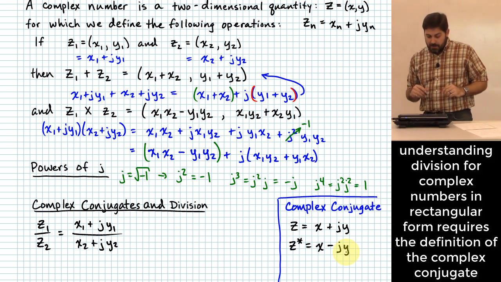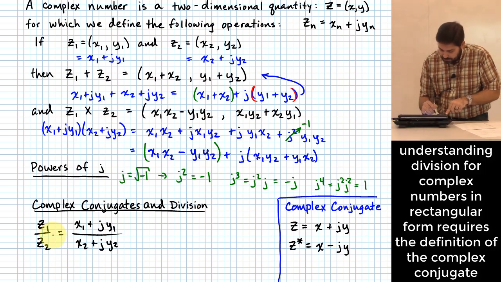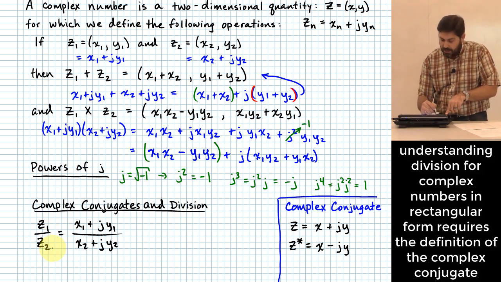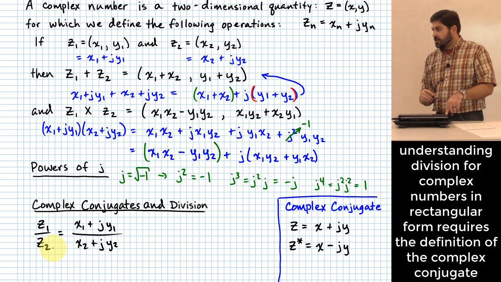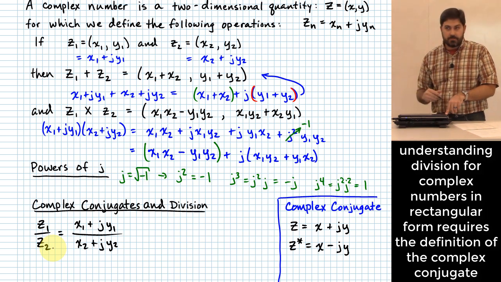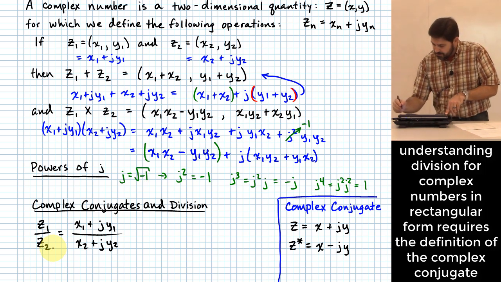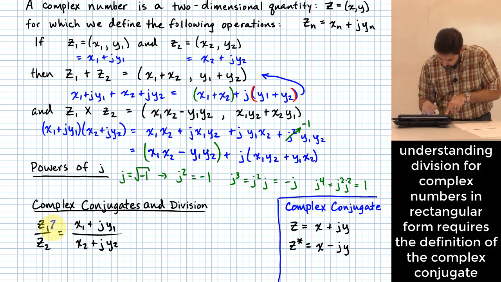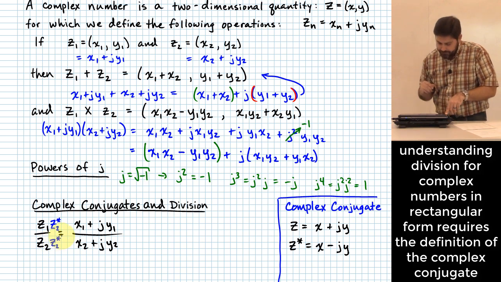Let me show you what happens with this problem that I was just working on over here if we multiply numerator and denominator by the complex conjugate of z2. Okay? So basically, what if I came in here and said, what if I multiply this by z2 star over z2 star?